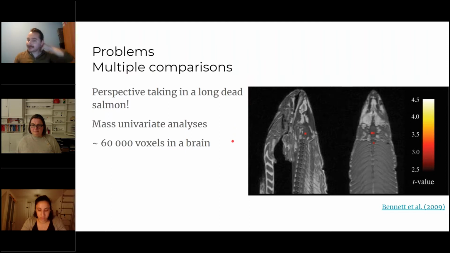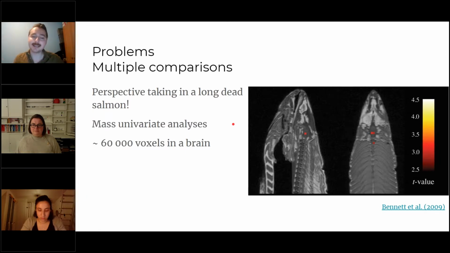So the problem here is that, remember when we talked about how we actually analyze fMRI data? What we do is make a particular statistical test for each voxel of the brain.